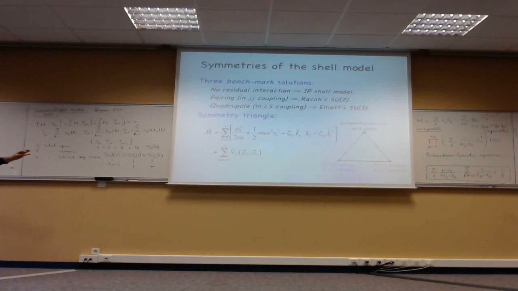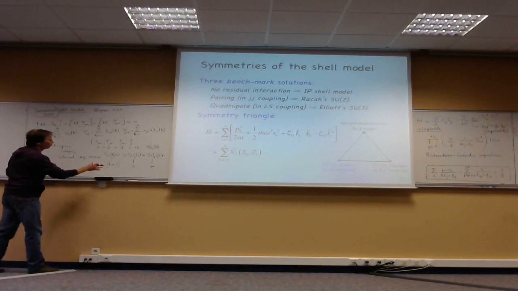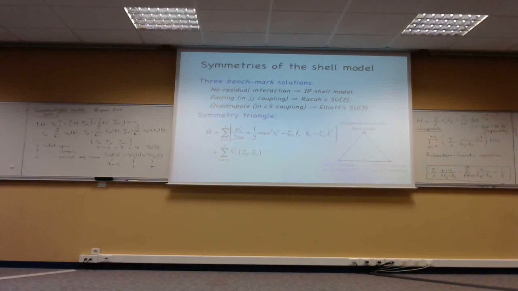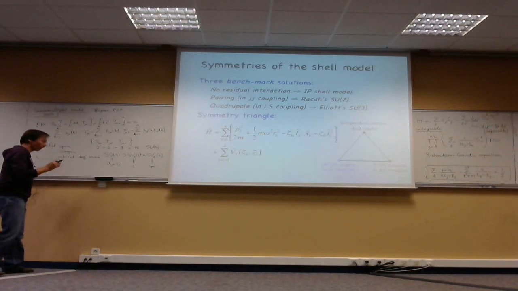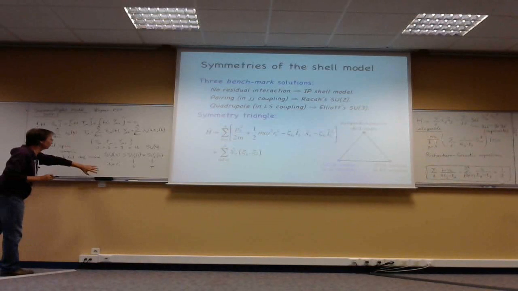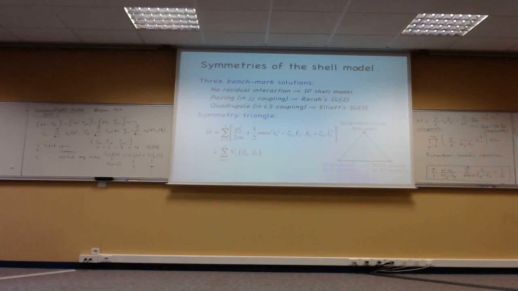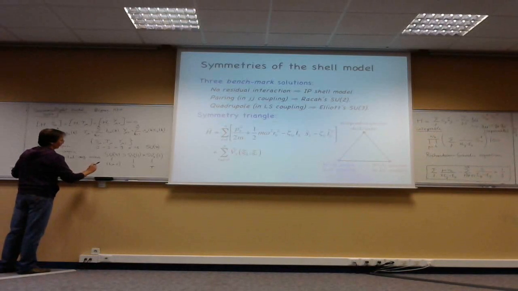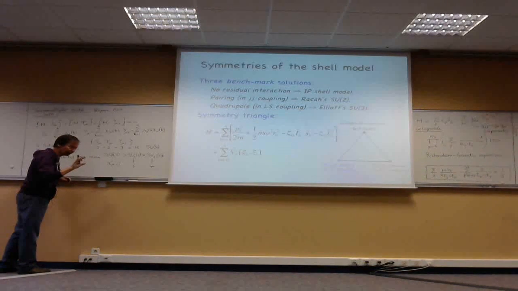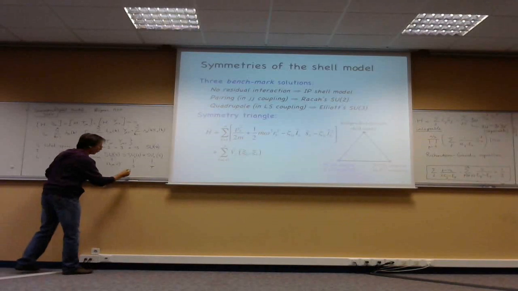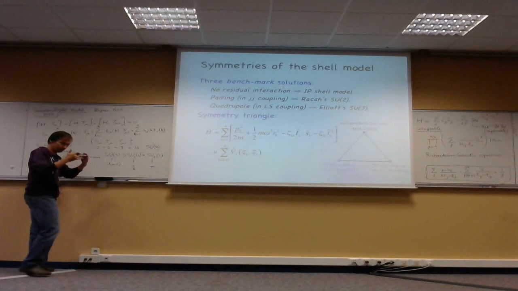I'm not going to change, but this is the traditional way of labeling representations of SU4. Okay, so now I'm not going to develop this in detail, the group theory of it. I would like to give you an idea. I mean, we know what this is, right? This is just the total couple.